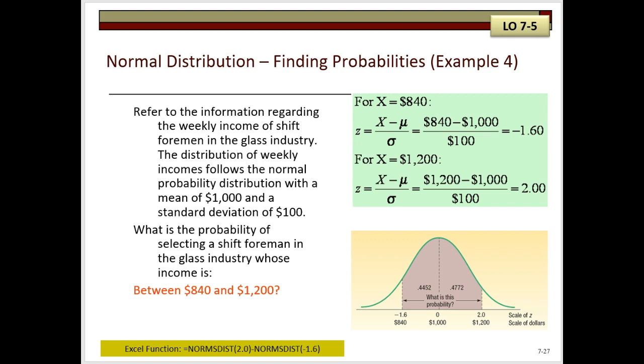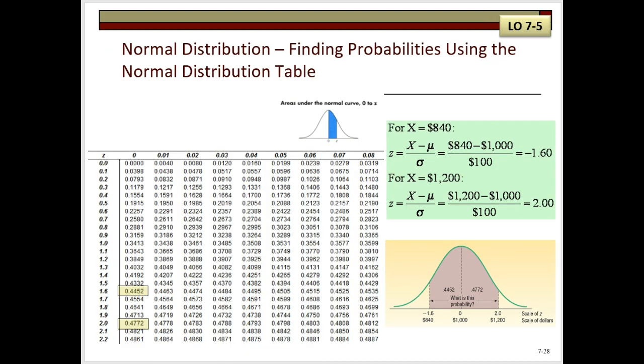We're going to verify this answer using the normal distribution table on the next slide. So now we're going to refer to the normal distribution table to find the area between a z-value of -1.6 and +2.0. We go down the left column to 1.6, move horizontally to the column headed 0.